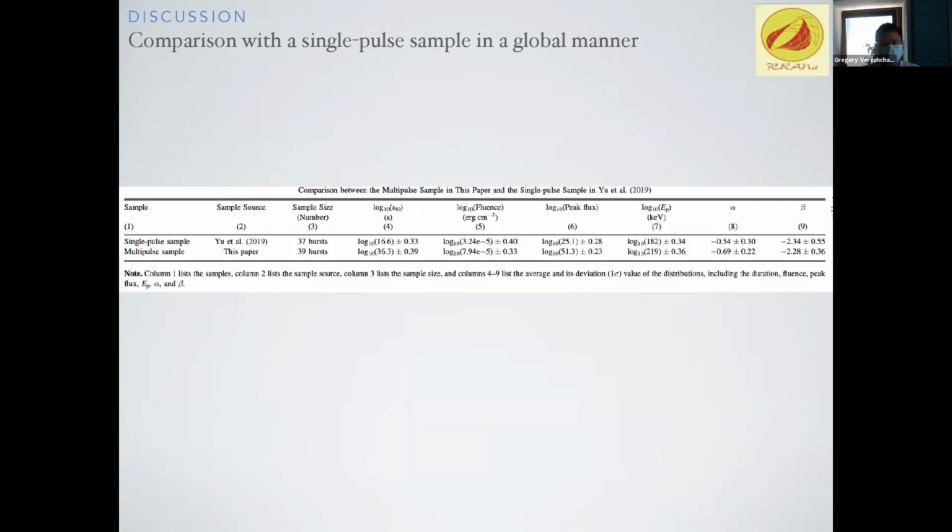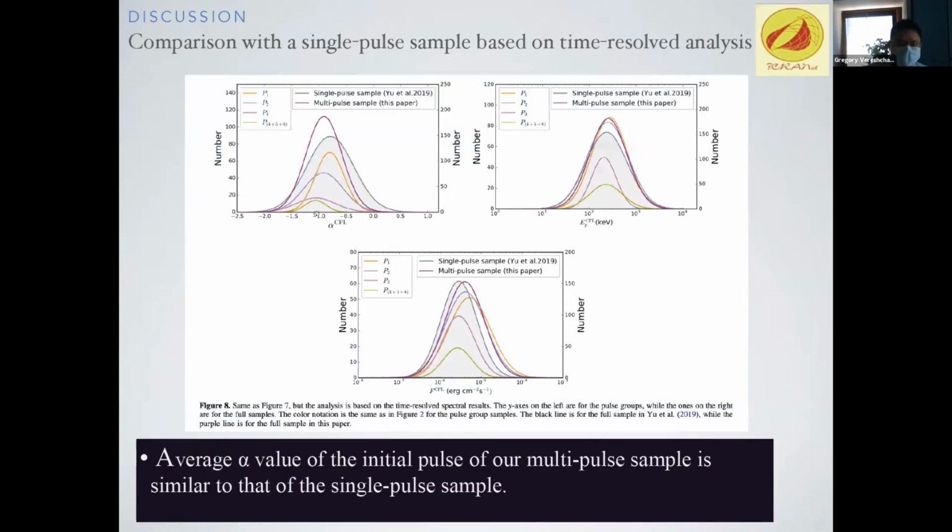So we summarize our results in these tables. The table lists how many bursts are in each sample, and we compare the duration, fluence, peak flux, peak energy, alpha, and beta. And we also want to make a similar comparison based on the time-resolved analysis, because so far we only focused on the time-integrated.